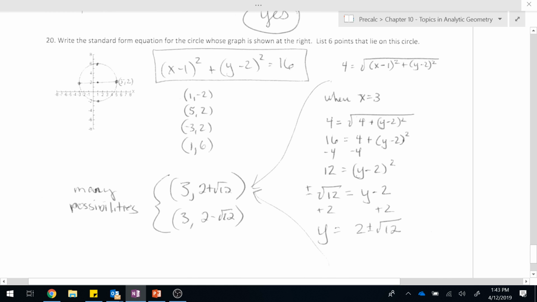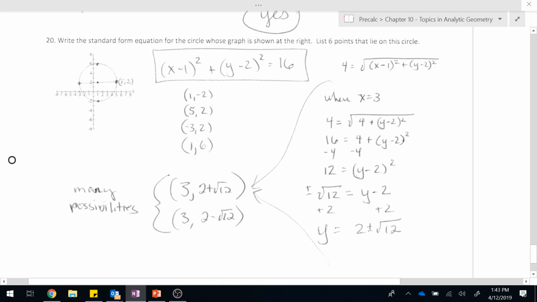Number 20, write the standard form equation for this circle here, and also it says list 6 points that lie on the circle. So you've got to read it off the graph. (1, 2) is your center, and if you're going from 1 out to (5, 2), you know your radius is 4.